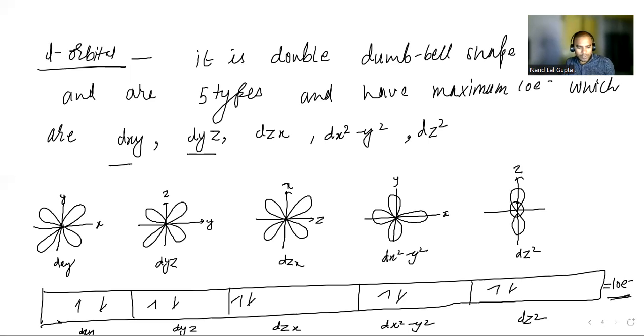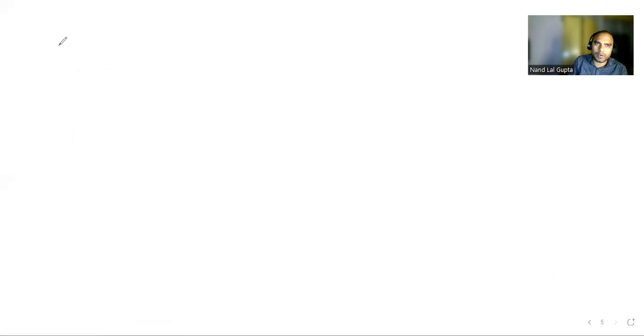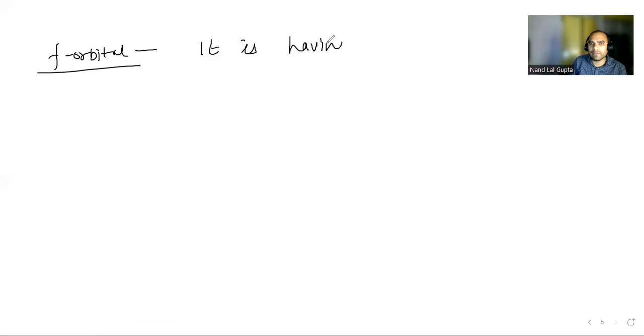Done, sir. Okay. Now we are going for another type, that is the f orbital. Let us try to write down the f orbital. If you talk about the f orbital, it is of diffuse shape. Since it has a diffuse shape, what conclusion can you draw from it?